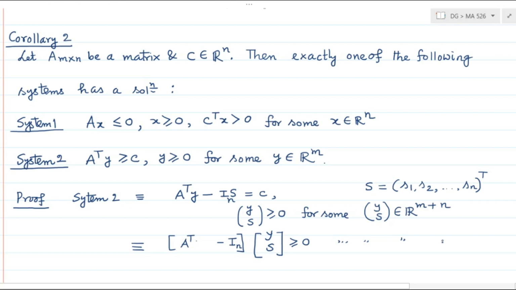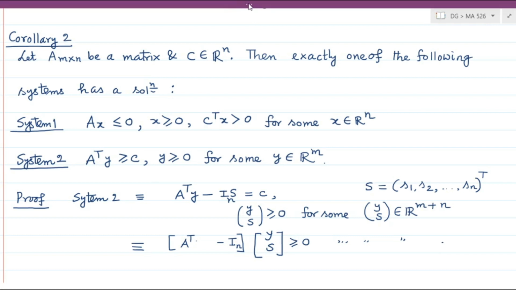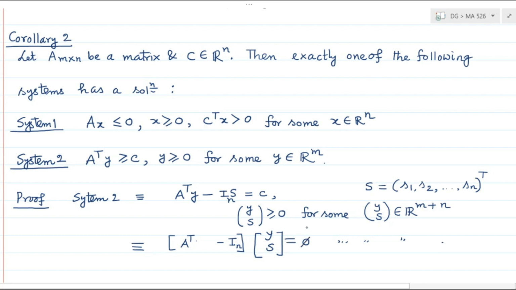Fine. And sorry, I'm very sorry here, this is equal to C, not 0. This is not 0, this is C. Fine. And therefore you now write it as A transpose y is equal to C with y greater than or equal to 0. That is your system 2 in Farkas lemma.